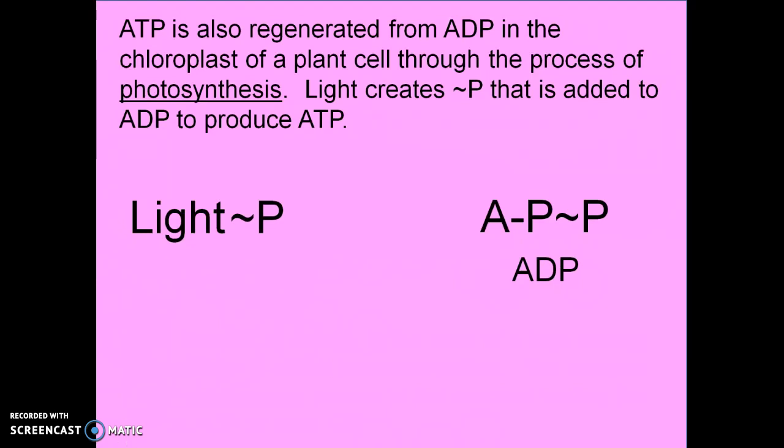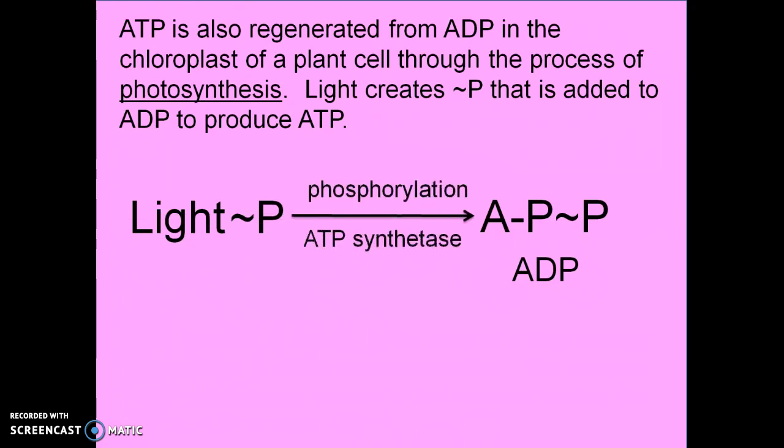Once again, what's our process? Moving a phosphate around. Phosphorylation again, yes. So phosphorylation is going to move that high energy phosphate to create ATP. And that enzyme, since we're making ATP, we call it ATP synthetase.